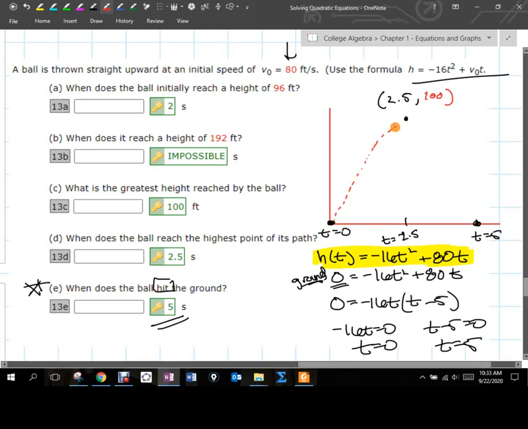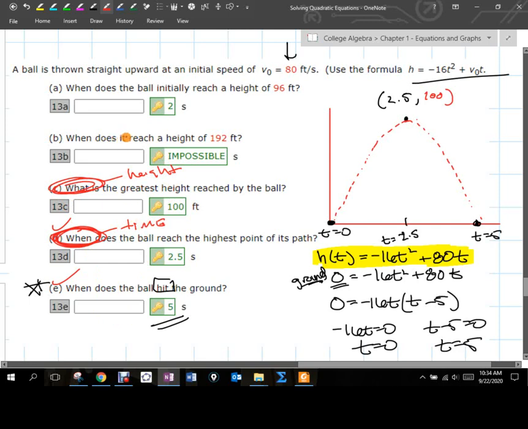So now we should be able to answer all but one of these questions directly. We can answer E. We can answer this. When is a word for time. Okay? What, in this case, is the height. Okay?